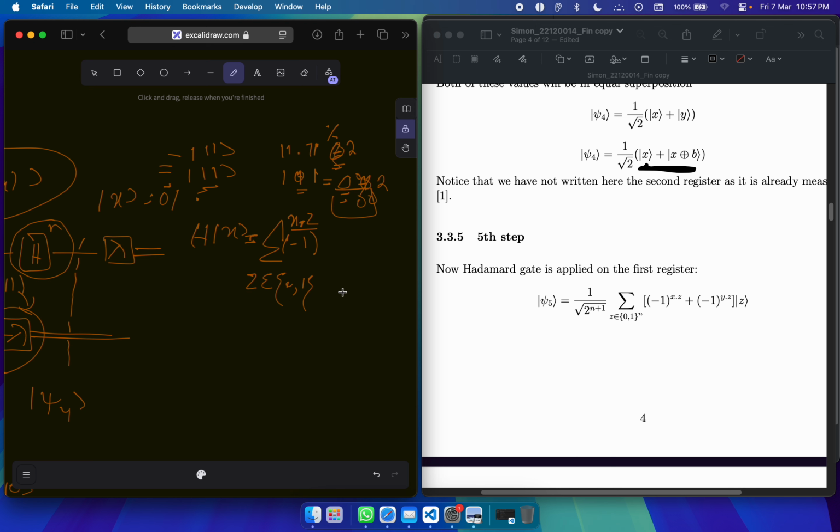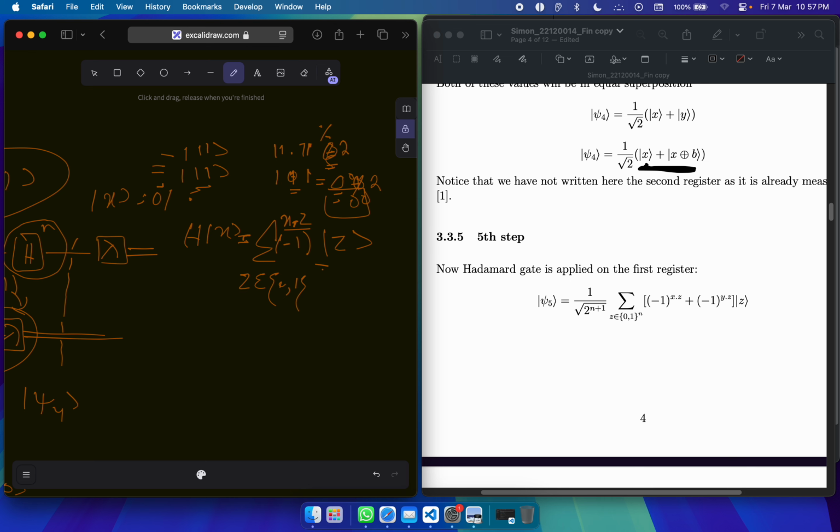I mean, you'd have to do the calculation to see where it's destructive and constructive, but we get an alternating sign of this sort. So we add this minus 1, and then we add the z here, because it's going to generate the states, right? So this is essentially what's happening here. And if you apply Hadamard to x, this would give you a phase where it's evaluated by x dot z.